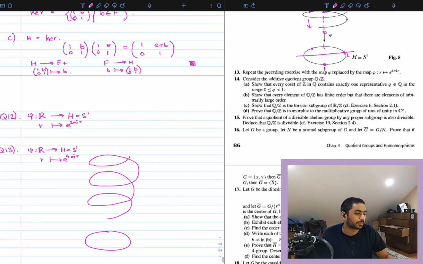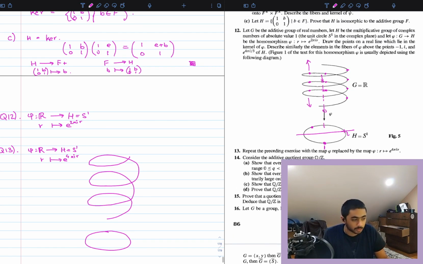It's also a Lie group homomorphism. Good to know. There are so many ways of thinking about this.